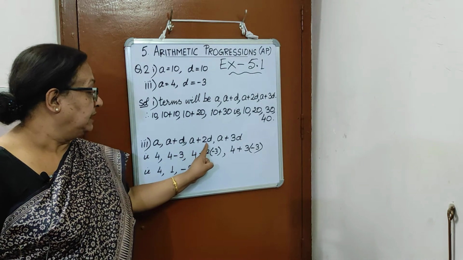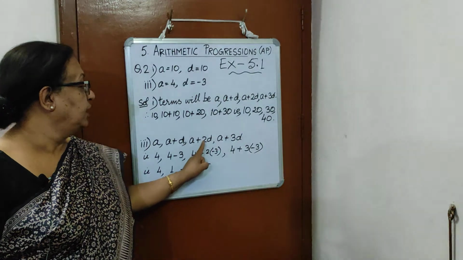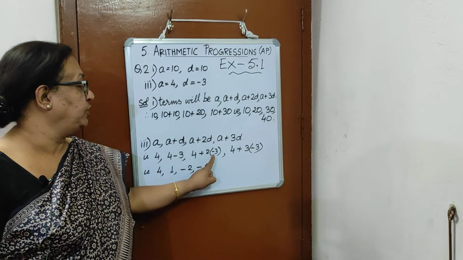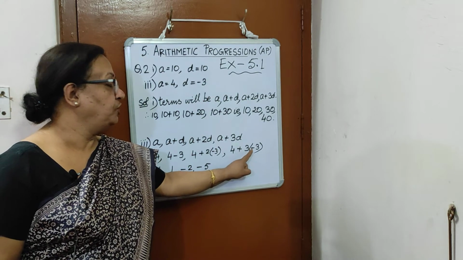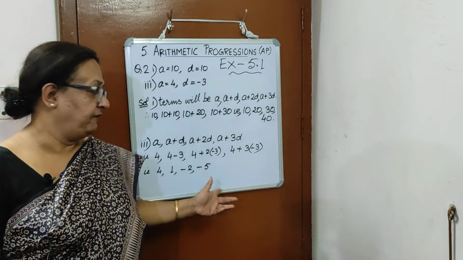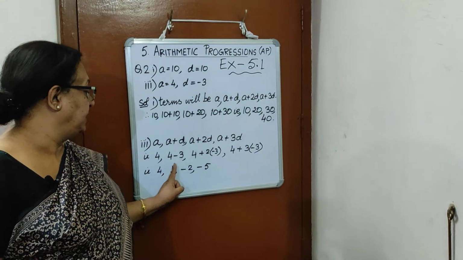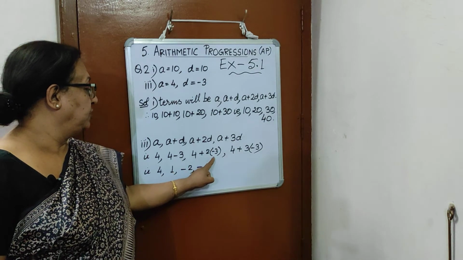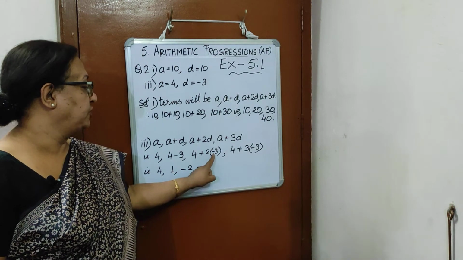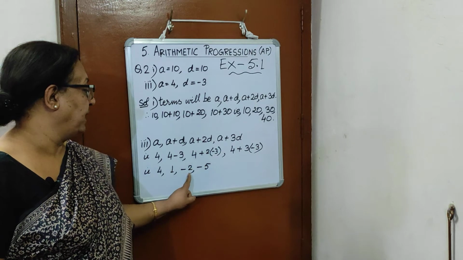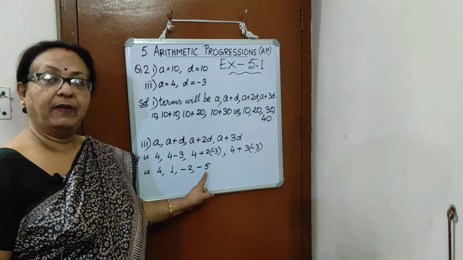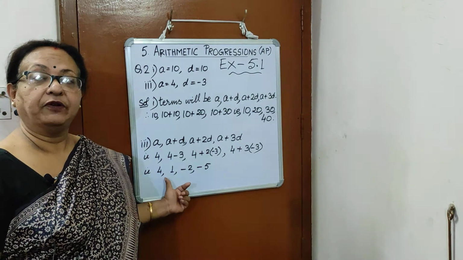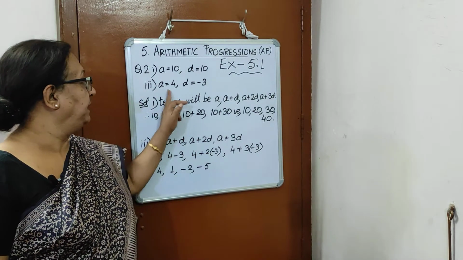Next term will be 4 plus 2 into minus 3, and the last one 4 plus 3 into minus 3. Just simplify. 4 minus 3, 1. 2 into minus 3 is minus 6, 4 minus 6 is minus 2, and similarly 4 minus 9, you get minus 5. So these are the first 4 terms of the AP.